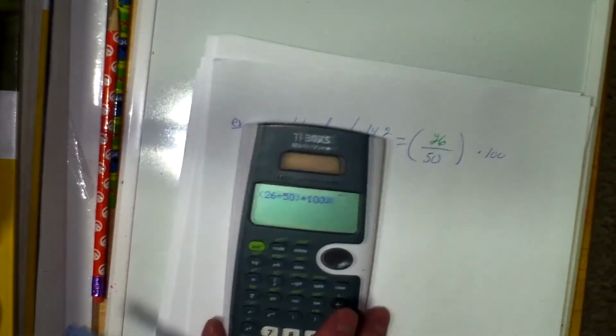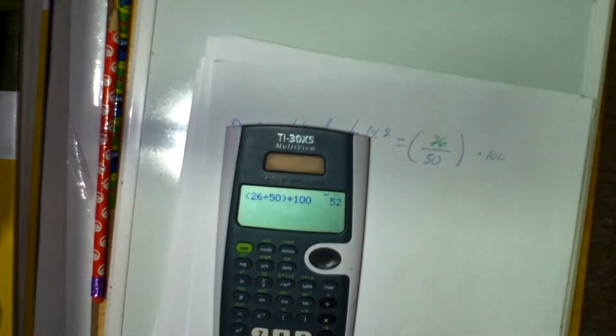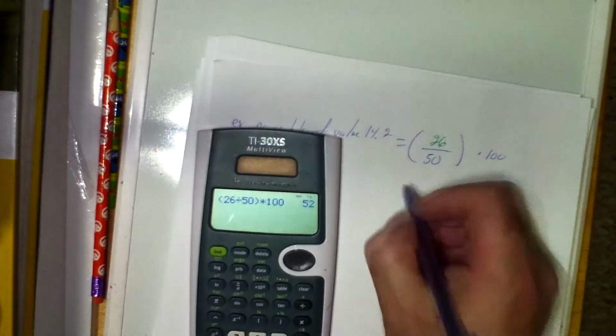Now I'm going to punch it in my calculator. This is how I entered it: 26 over 50 times 100. I get 52.